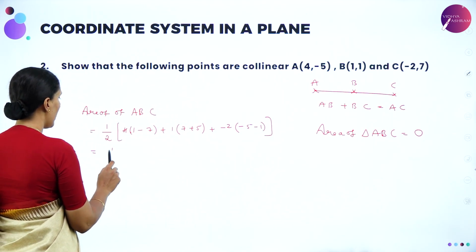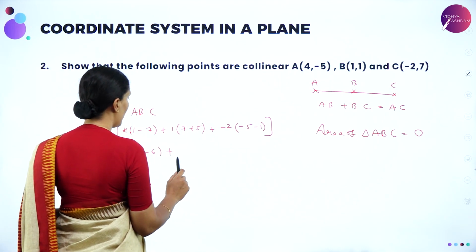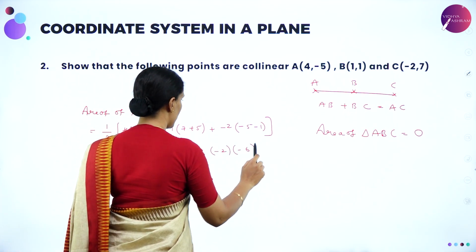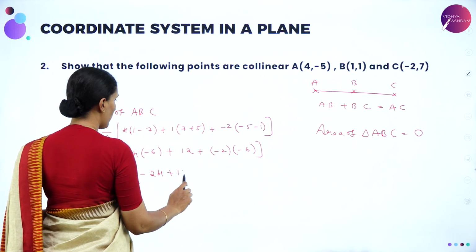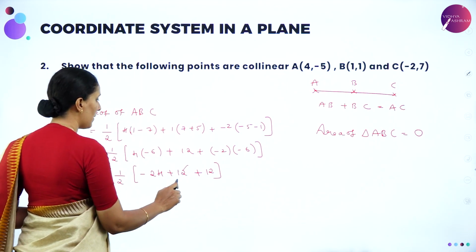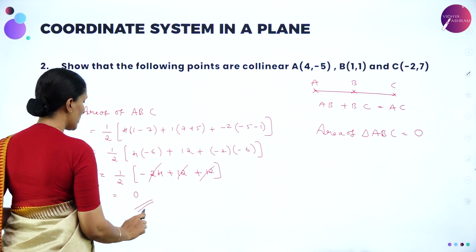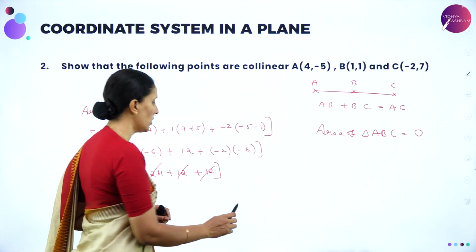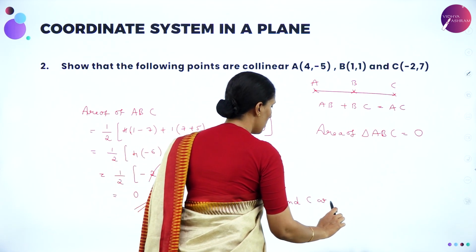So let us calculate: half, 4 into minus 6 plus 7 plus 5, 12, minus 2 into minus 6. So half we have minus 24 plus 12 plus 12. See here, 12 plus 12 is 24, 24 minus 24 is 0, 0 into half is 0. Since the area is 0, we can say the points A, B, C are collinear. So therefore, we can conclude A, B and C are collinear.